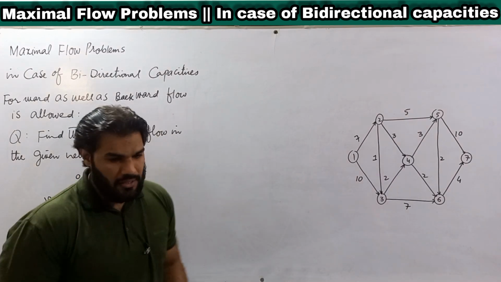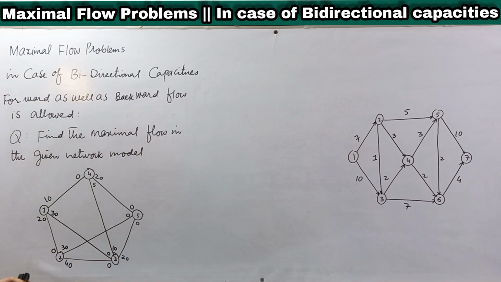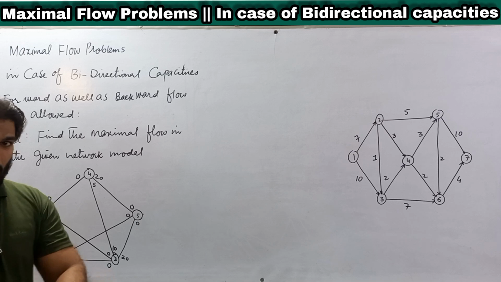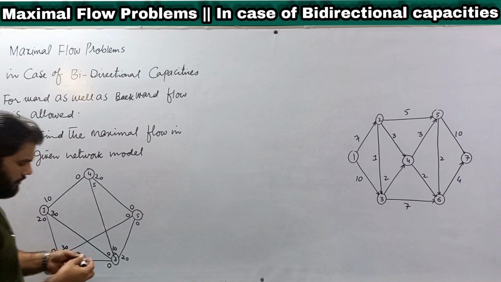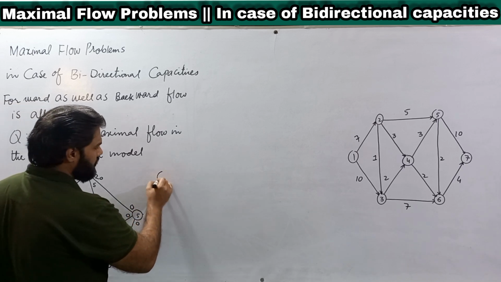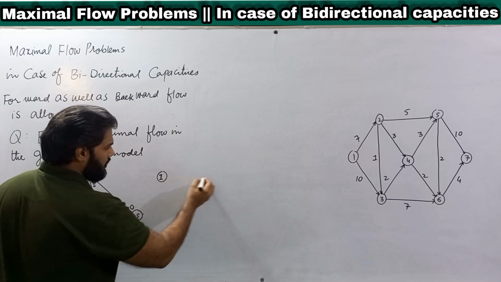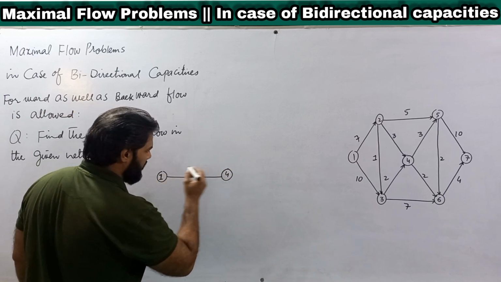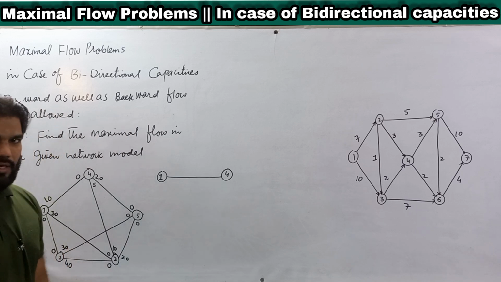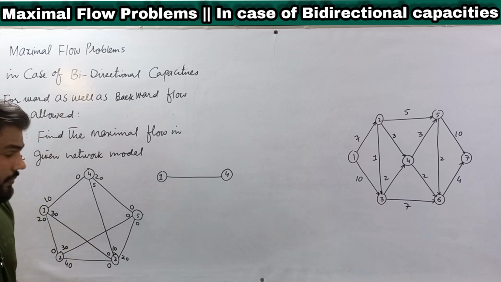Here in this model you can see that at every edge there are two numbers. One number is after the node and one is before the node. For example, this is node 1 and this is our node 4, and this line that joins the nodes is called an edge or arc.